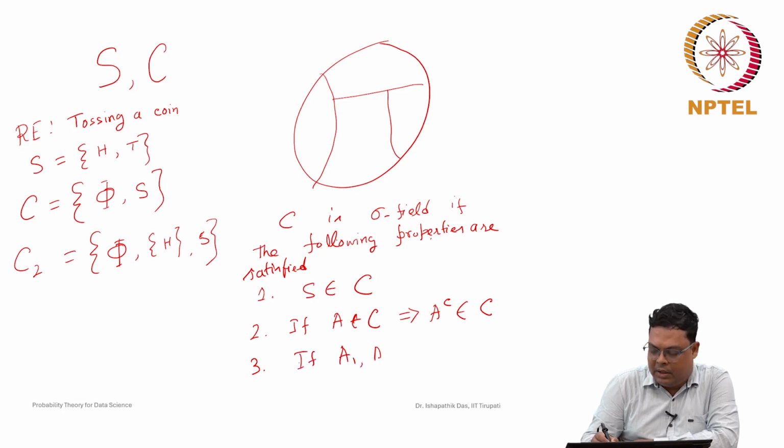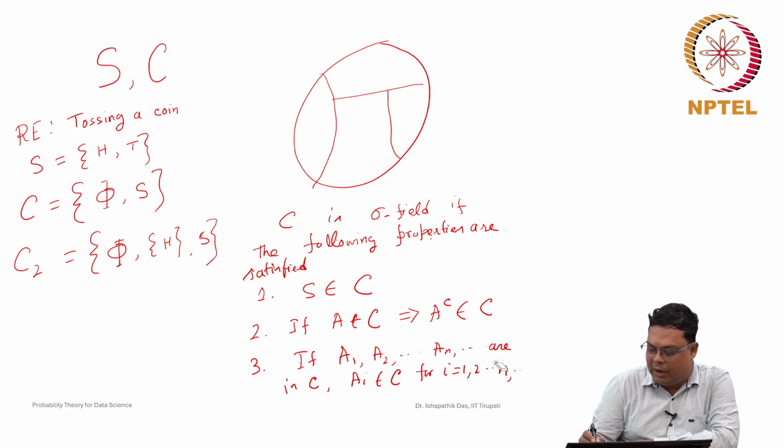The third condition is that if A1, A2, up to An, a countably infinite collection of subsets of S, are in C, that means Ai belongs to C for i equal to 1 to infinity.